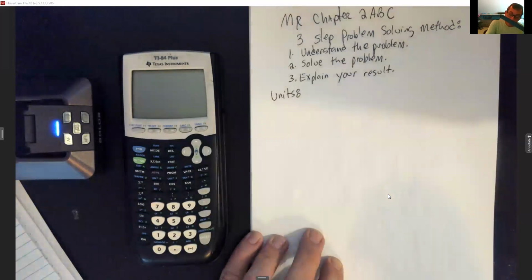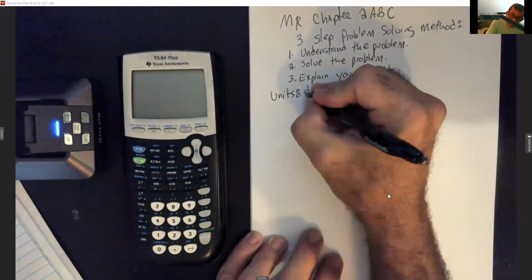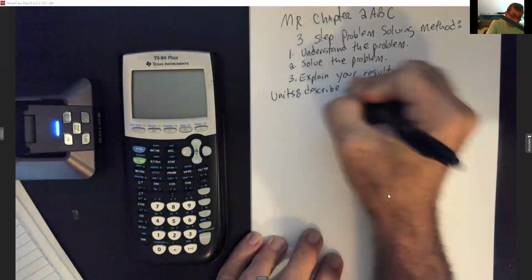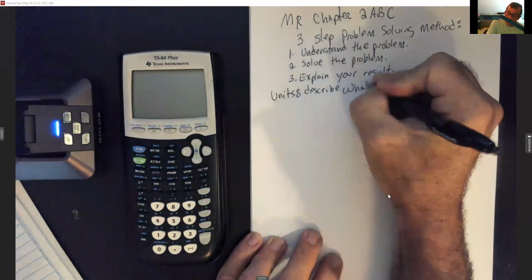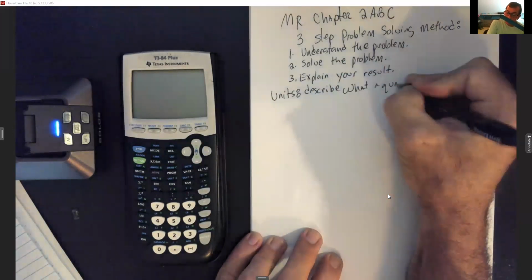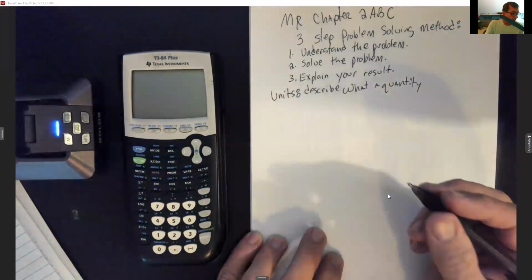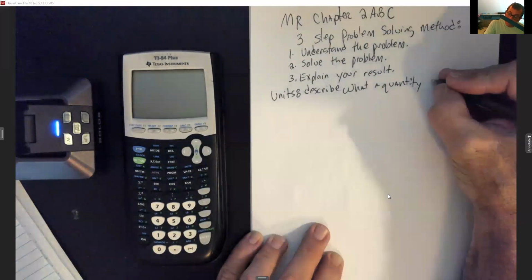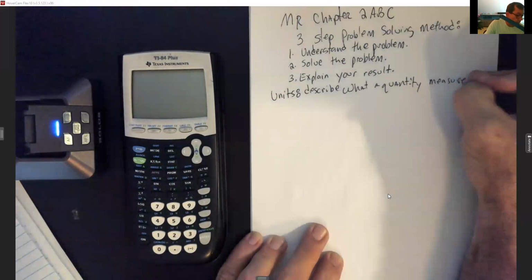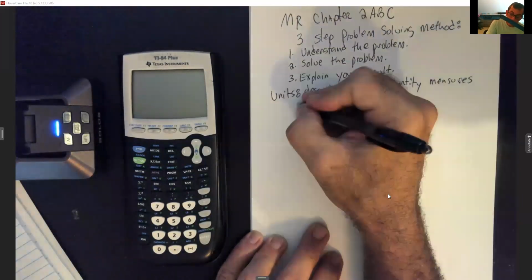So units to me, they describe what a quantity, that's an amount of something. So a quantity is an amount of something, measures or counts.